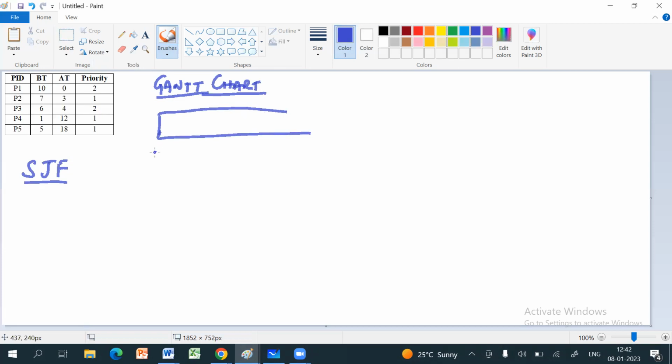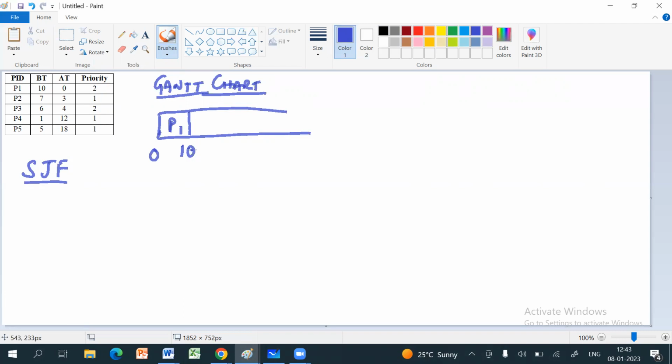There are 5 processes. The Gantt chart starts at time 0. At time 0, right now there's only one process available. So irrespective of whether it's short or not, P1 will have to be scheduled. Since this is a non-preemptive version, the process will be allowed to continue its execution until it finishes. P1 has a burst time of 10, so it will complete at 10.